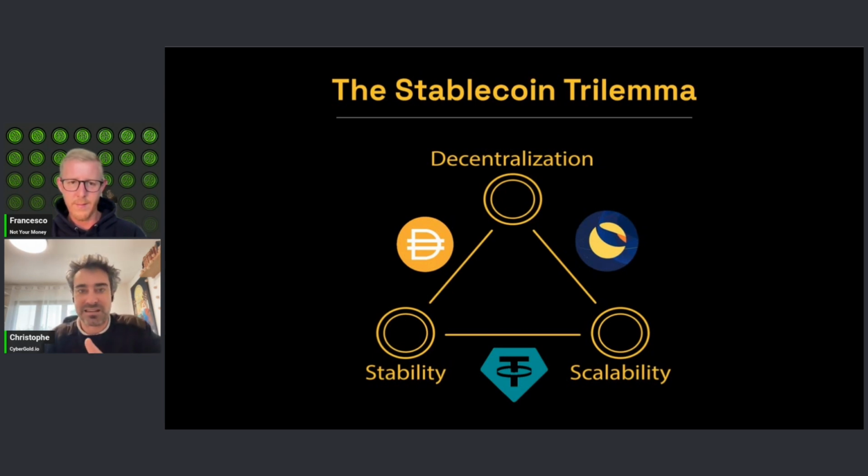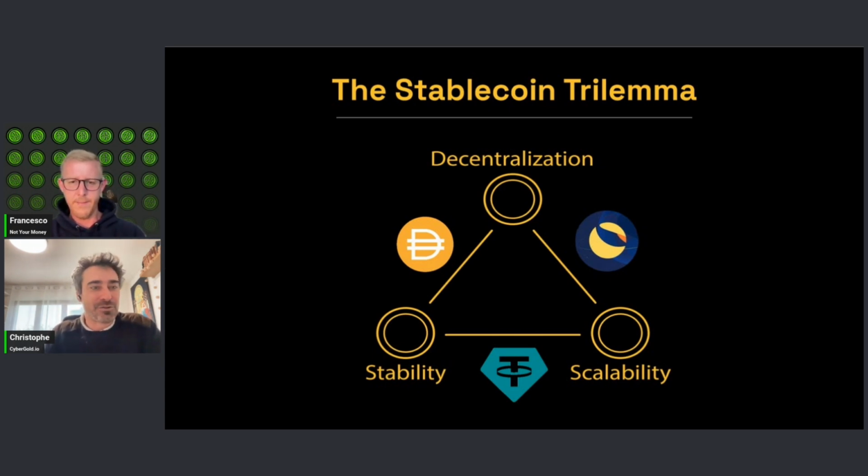That's the case: DAI does not scale very well. And this might explain why the decentralized stablecoins do not have a big market share, especially if they are based on CDP. You also have the Terra Luna stablecoin here, which is an algorithmic stablecoin, and usually algorithmic stablecoins really struggle with stability, as you may have noticed.